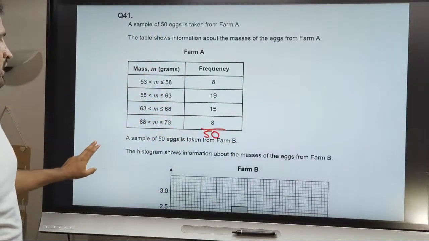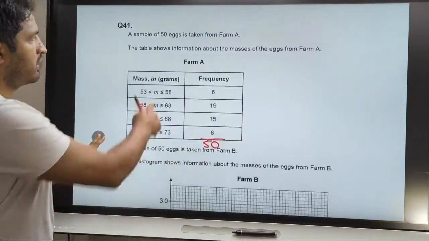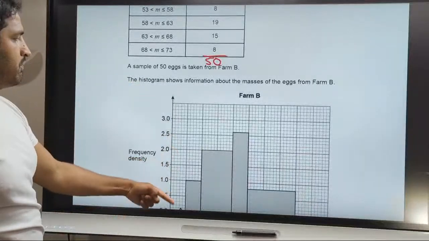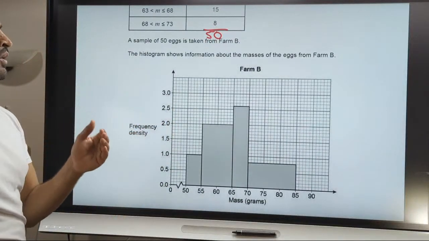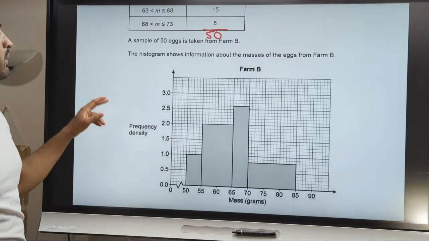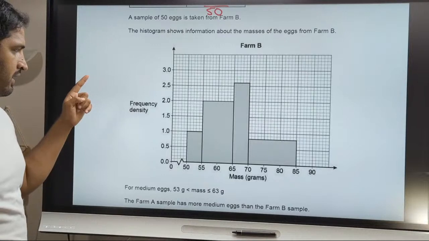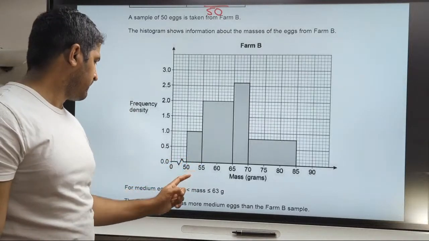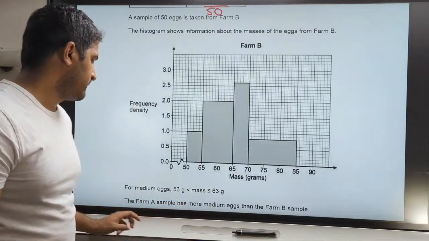A sample of 50 eggs is taken from farm B. So that's farm A, and now this is for farm B. The histogram shows the information about the eggs from farm B. Now, remember what I said earlier? A medium egg is 53 to 63 grams.